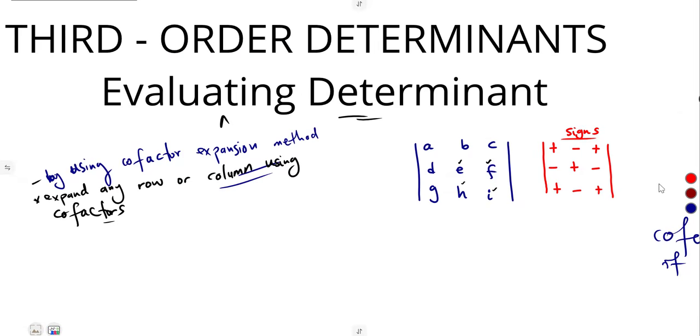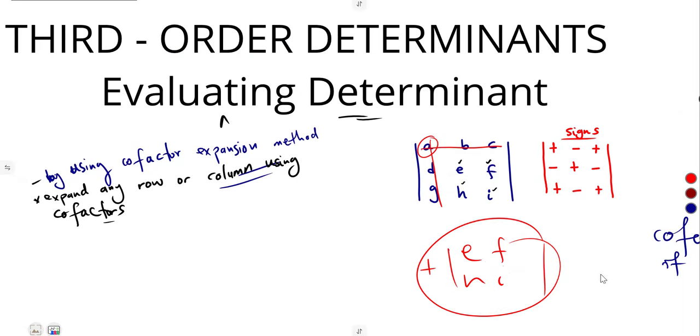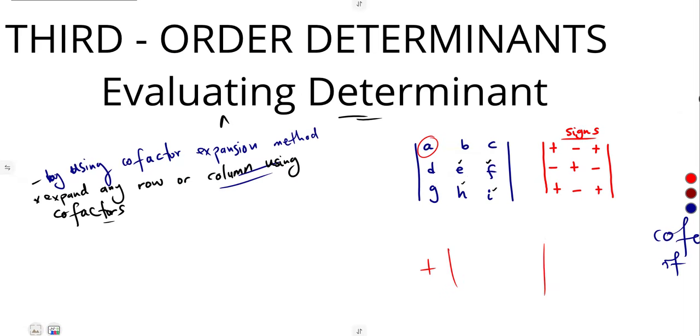Remember, you were saying the cofactor of element A is a signed minor. You take the sign, it's a positive. Then you determine the determinant by closing the row and column. Then you consider E, F, H, I. This is the cofactor. But it is no longer just a cofactor that you're considering because you're to expand.